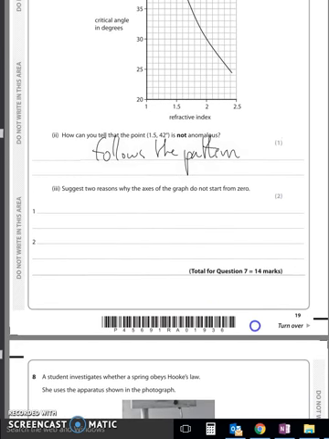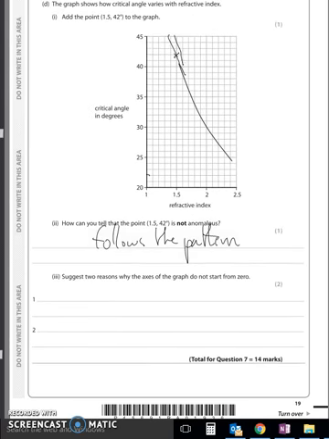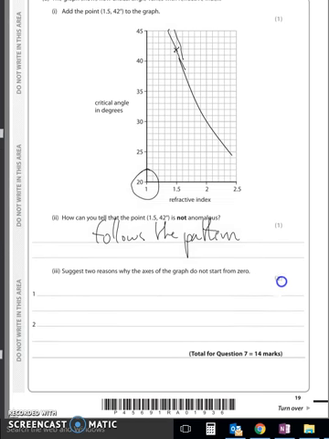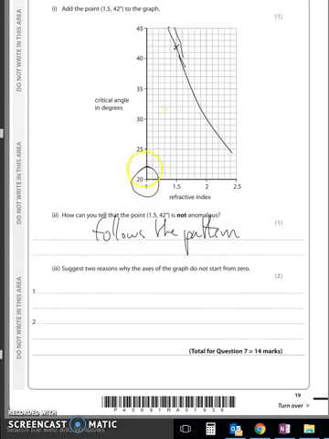Suggest 2 reasons why the axes of the graph do not start from 0. We have no origin here, so it's 1 and 20. If you started it at 0 here or 0 here, it would be quite a big graph.